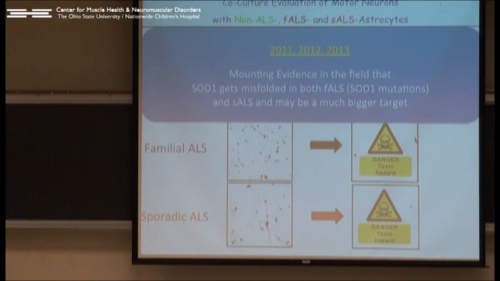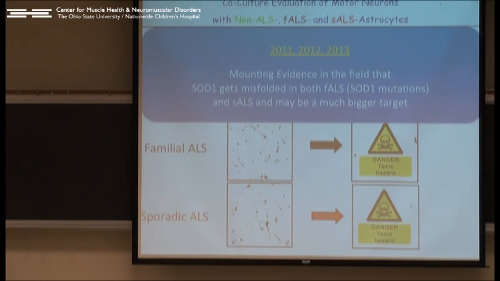But there's also a very unique finding within the field that SOD1, despite accounting for 2% of all ALS cases with a known mutation, there's a multitude of laboratories that say SOD1 gets misfolded in not only the SOD1 mutations, but also sporadic mutations.